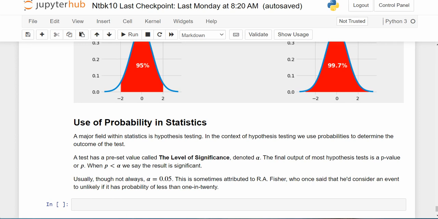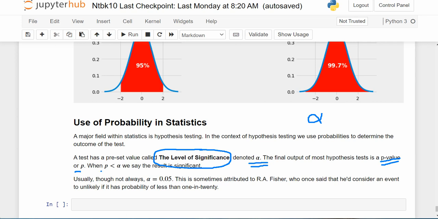So listen carefully. A statistical test has a preset value called the level of significance, and we usually denote it alpha. This is the Greek letter alpha, lowercase. The final output of most hypothesis tests is a p-value, which will be denoted p.